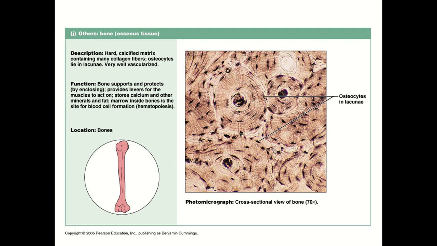Next, we're going to look at the specialized connective tissue, which is cartilage, bone, and also blood. So the first one, bone. Bone is a very hard connective tissue, and it has a calcified matrix containing collagen fibers. It also has osteocytes located in lacunae, and it is very well vascularized.